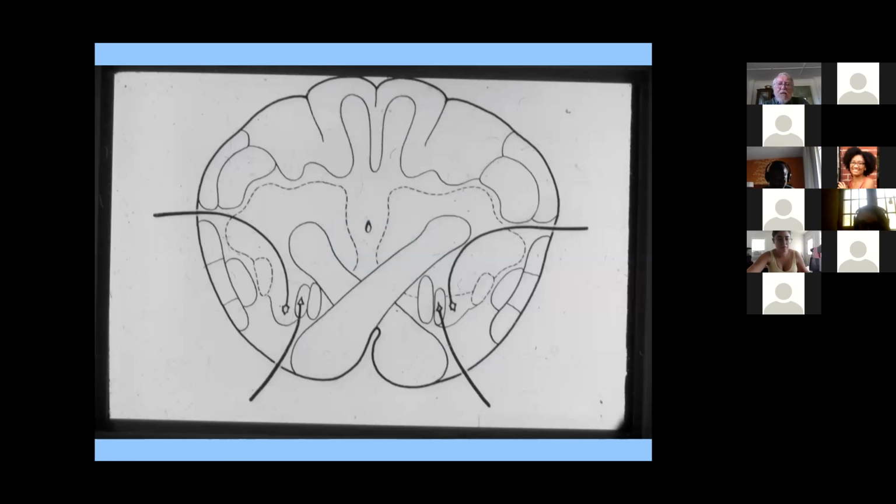So again, you still see our friend, the central canal, sitting in the dead center. We still have dorsal medial and dorsal lateral septi. We still see a fasciculus gracilis and a fasciculus cuneatus.